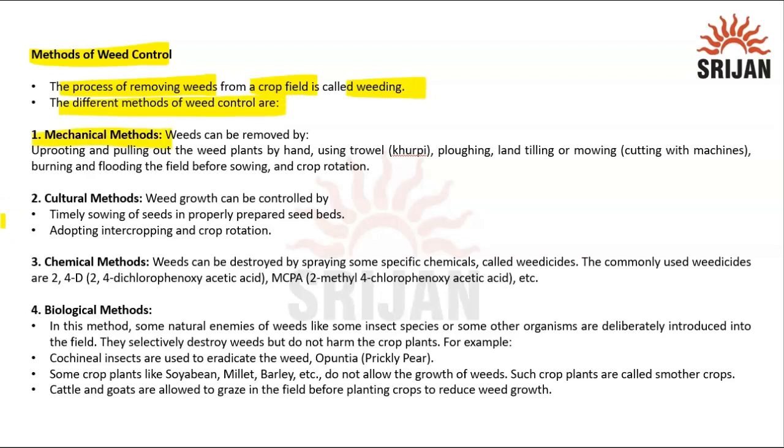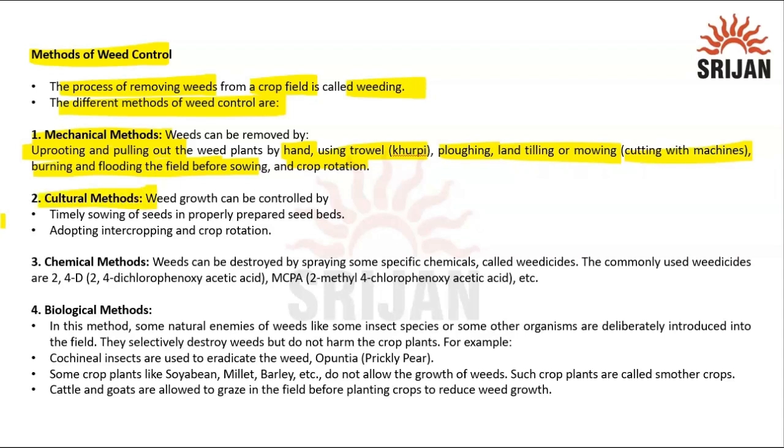The mechanical method is where you simply uproot or pull out the weed plants by hand or by using a trowel, also known as khurpi, or you can do plowing, which is a very common way. That is why farmers always plow the field first and then sow the crop. Land tilling or mowing with machines, burning and flooding the field before sowing, or crop rotation. In all of these cases, you can remove the unwanted plants or weeds.